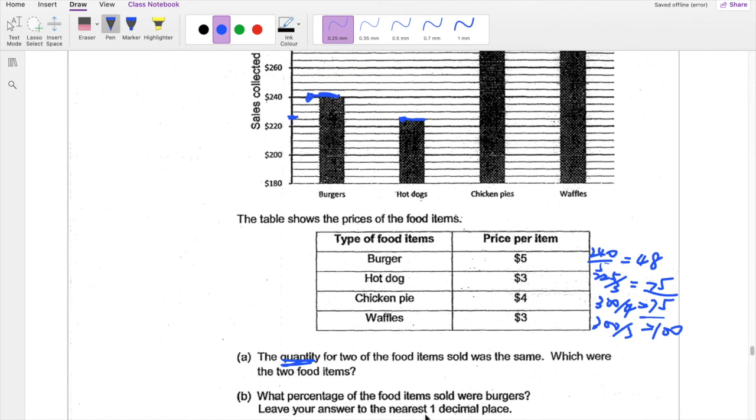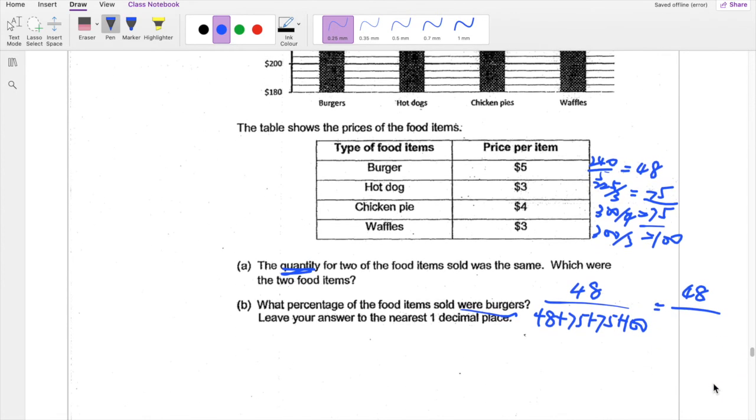Then he asks, what percentage of food items sold were burgers? Burgers, how many? 48. Percentage of the total food items. Well, we need to sum up 48 plus 75 plus 75 plus 100, and divide 48 by the total, 298. Correct to the nearest one decimal place.